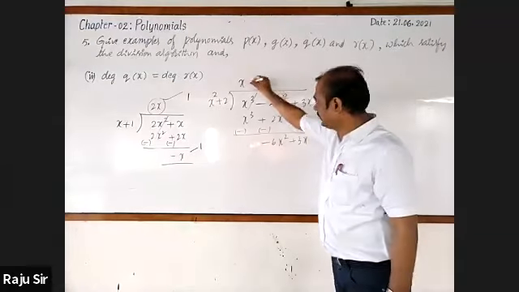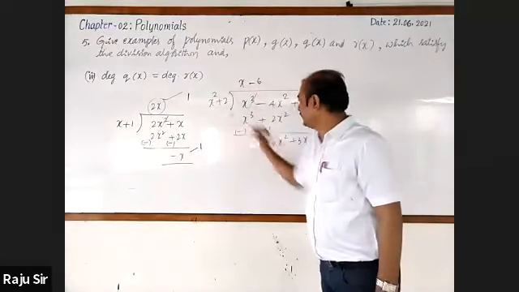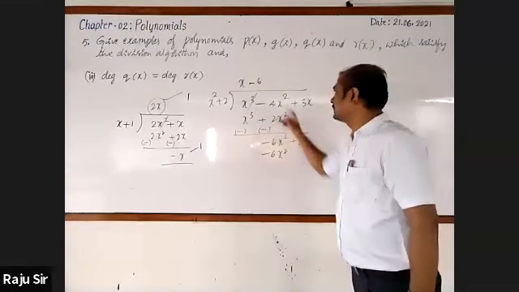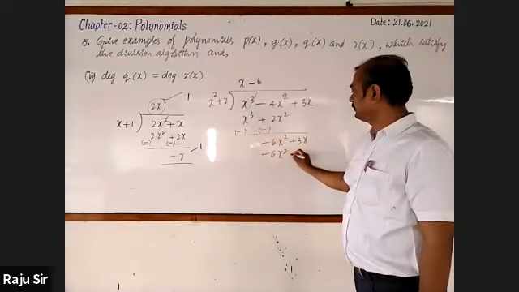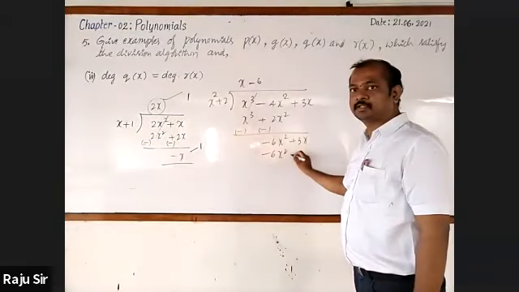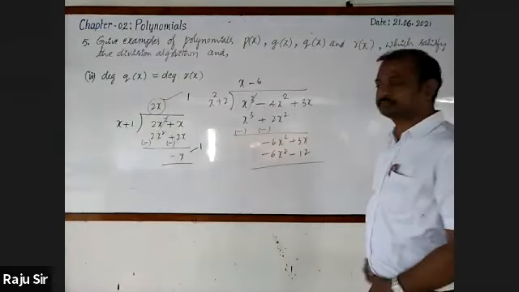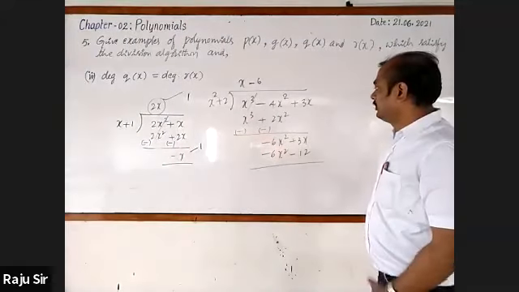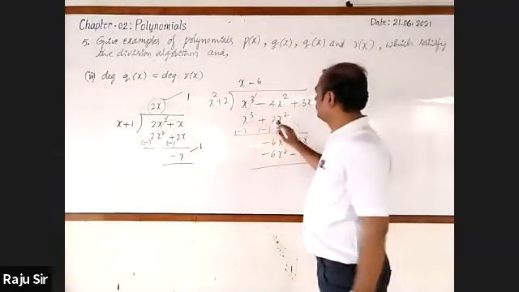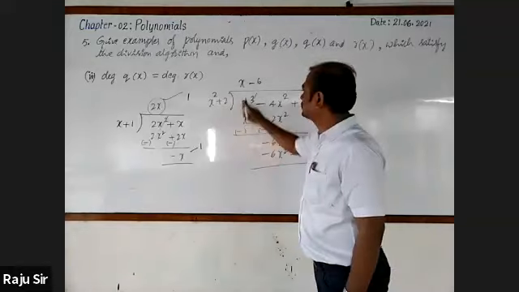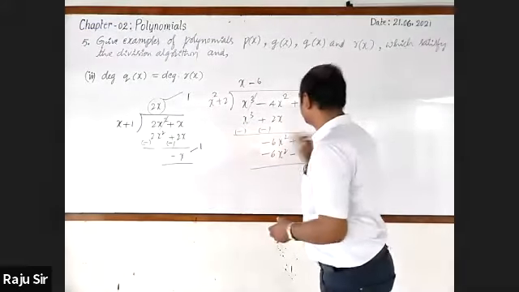Then what should be multiplied? Minus 6. So minus 6 into x square, minus 6x. Minus 6 into 2, minus 12, minus 12x. First step, x into x square is x cube, to 2, 2x.